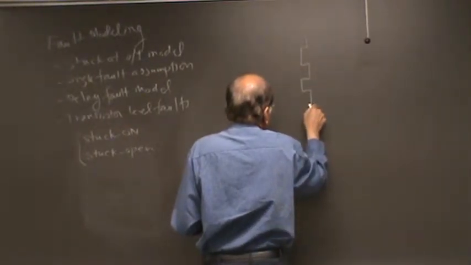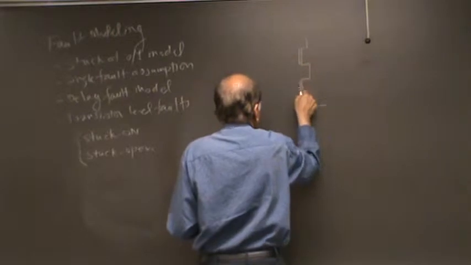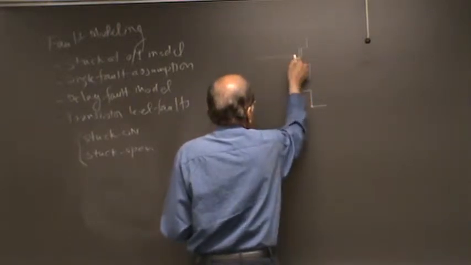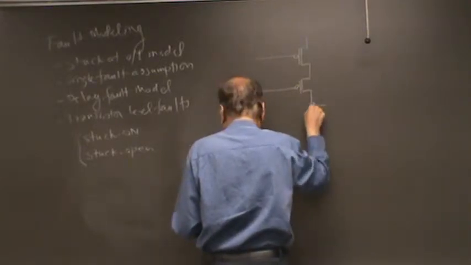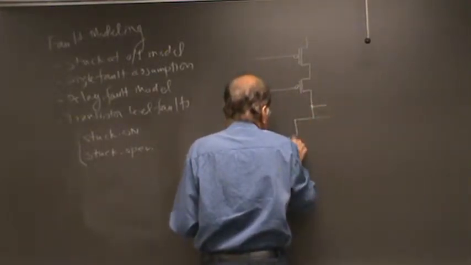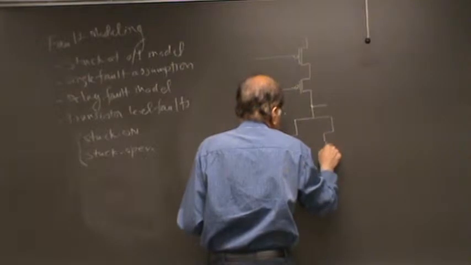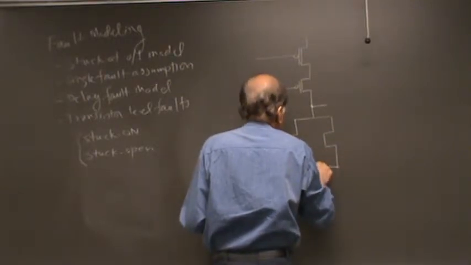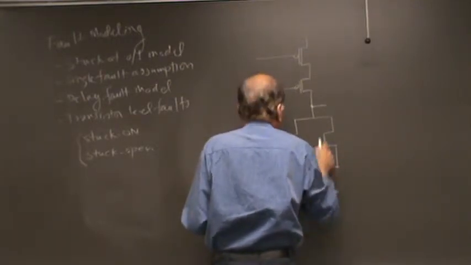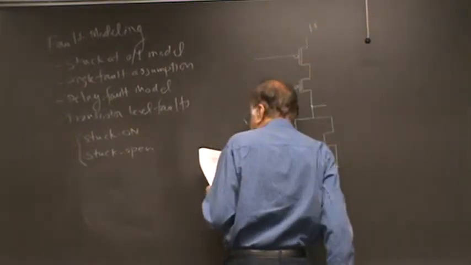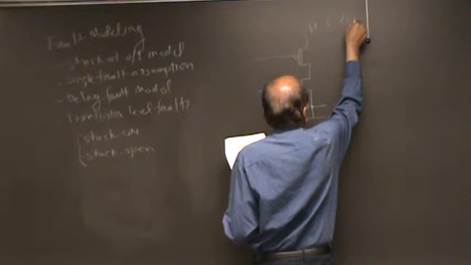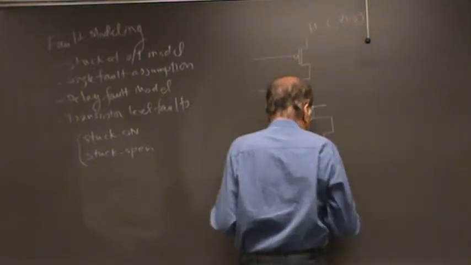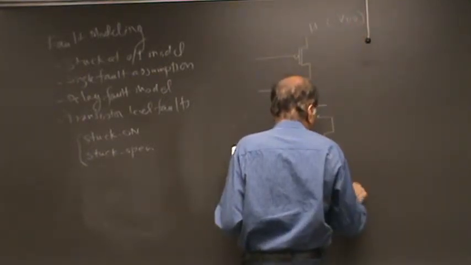So this is a 2-input NOR gate. And this is ground, so let's call this low, and this is high. So this is your VDD, as electrical engineers call it, and this is ground.